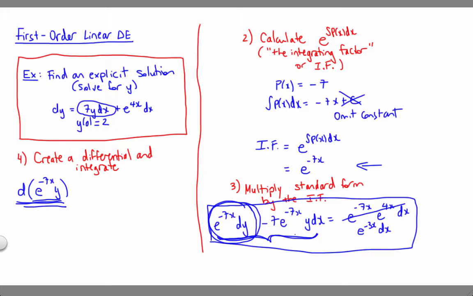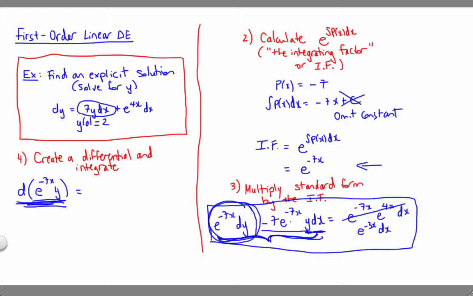So that would give us y times negative 7 e to the negative 7x times dx. So yes, this little differential here is the exact same thing as these two terms. So we've managed to rewrite that left side in a much more concise way.